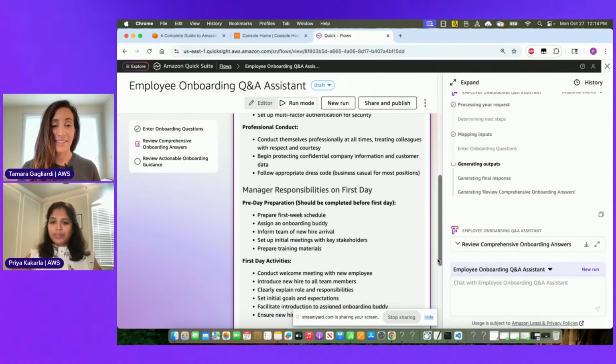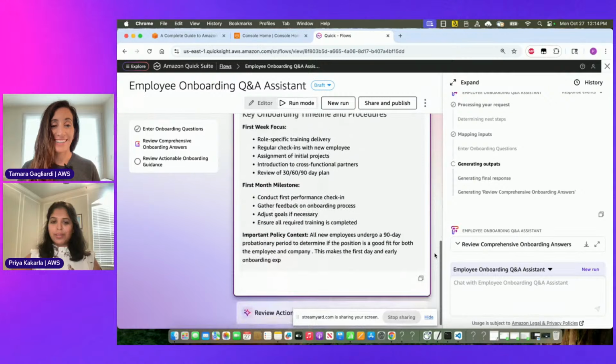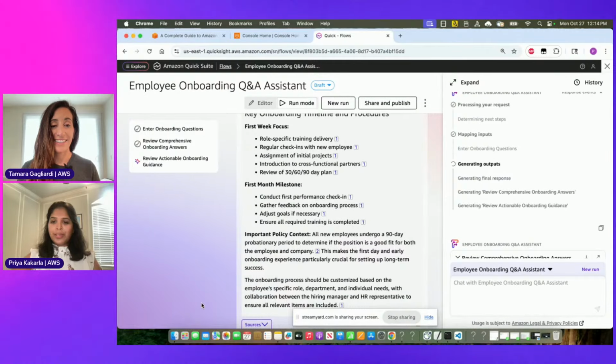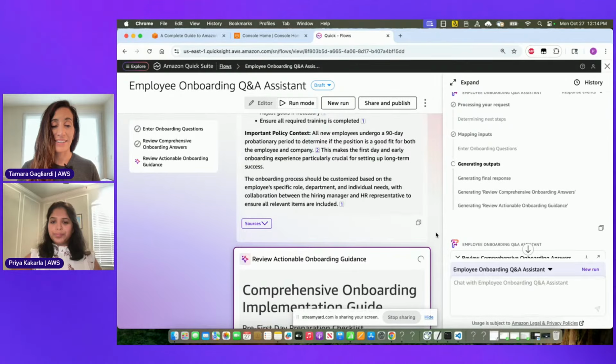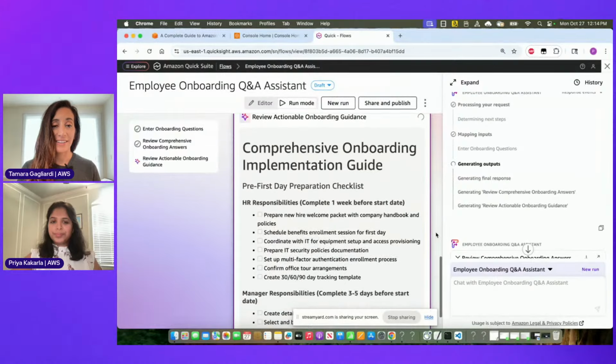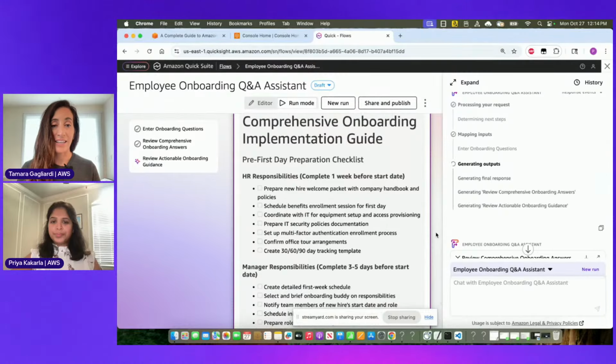If you just give it a few minutes, it will give me the actionable items as well, like what actions I should be taking to onboard the new employees. And you can start this with any question.